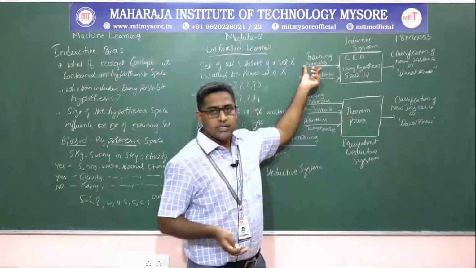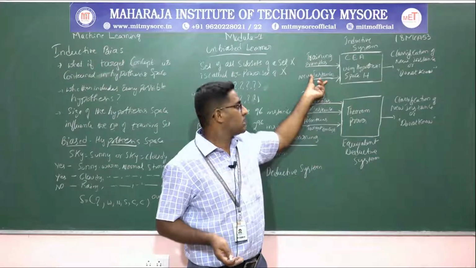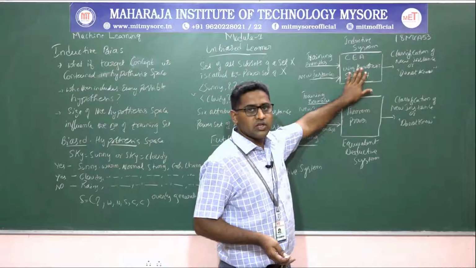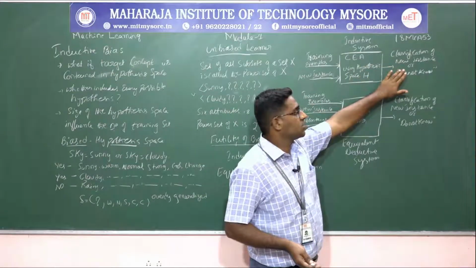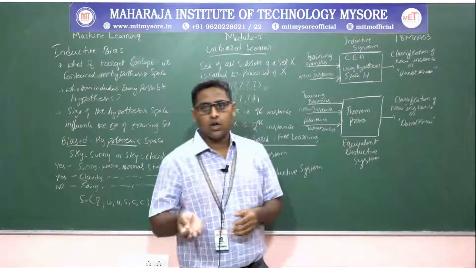So for any training data examples, you will have a new instance, and the candidate elimination algorithm using the hypothesis space H will determine the classification of the new instance. Otherwise, we will say we do not know.